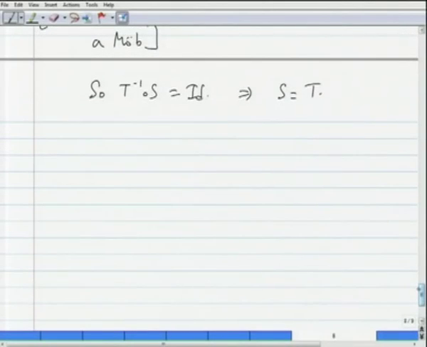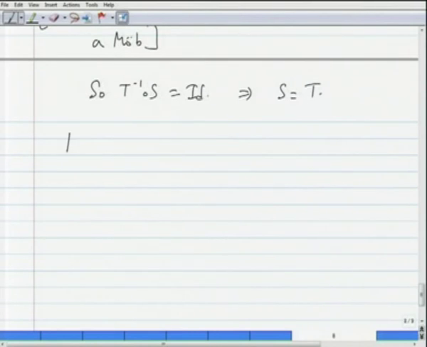That is what this means. Owing to this property, we are going to get another representation of these Mobius transformations. So, here is a definition.